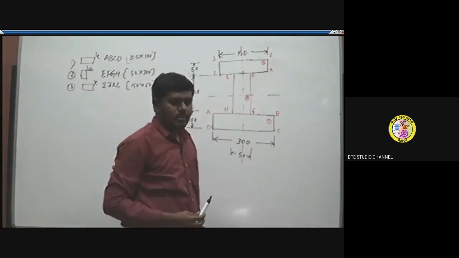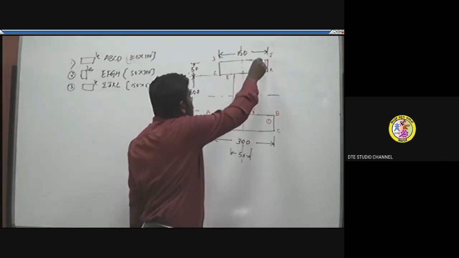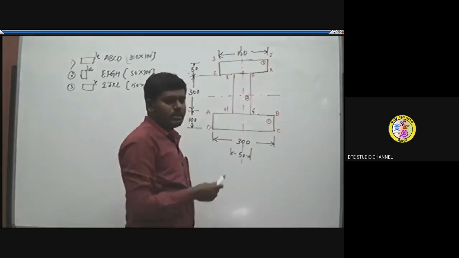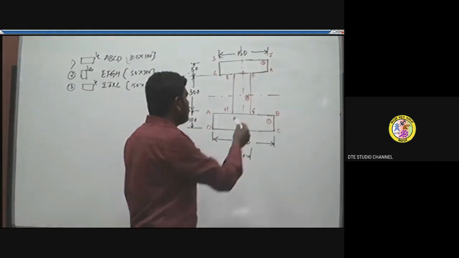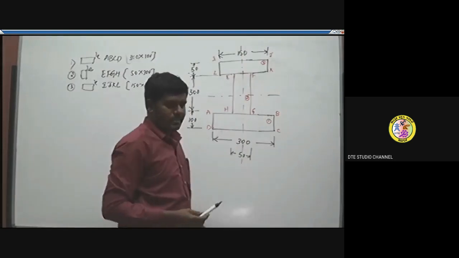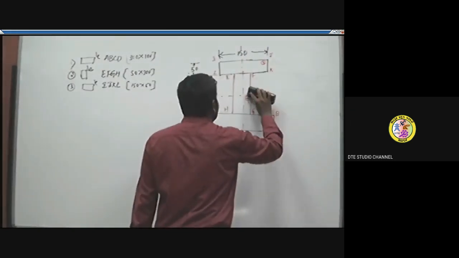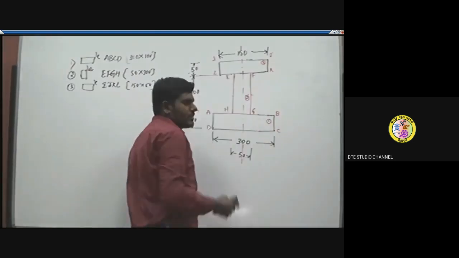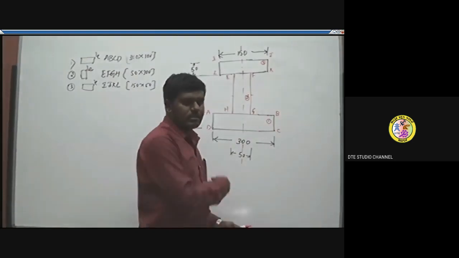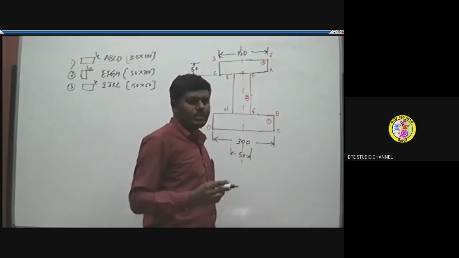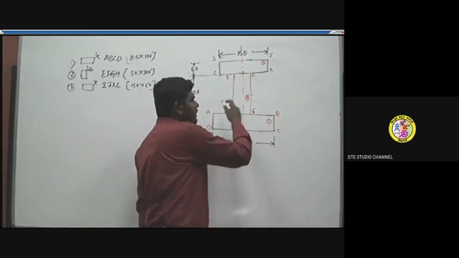If the top flange were also 300, then the I section would have been symmetrical about the x-axis. But here the top flange is smaller, so the x-axis does not divide the area into two equal parts. It does not give a mirror image.